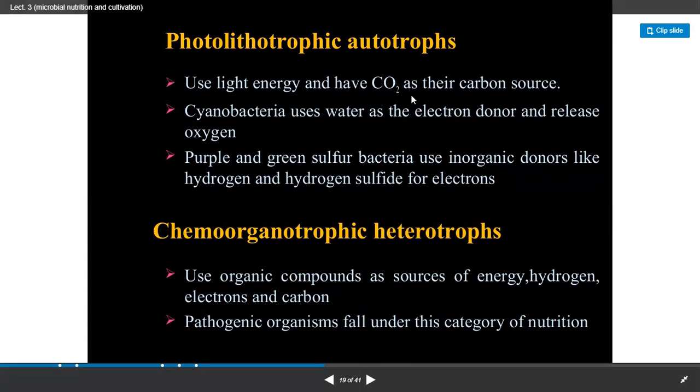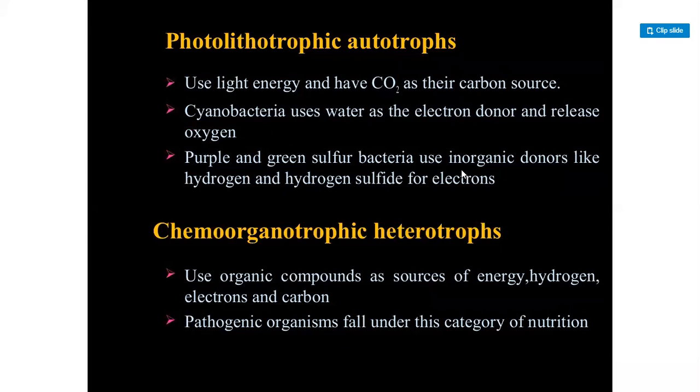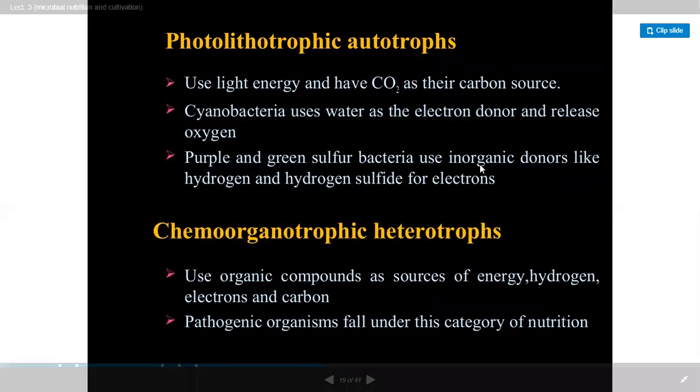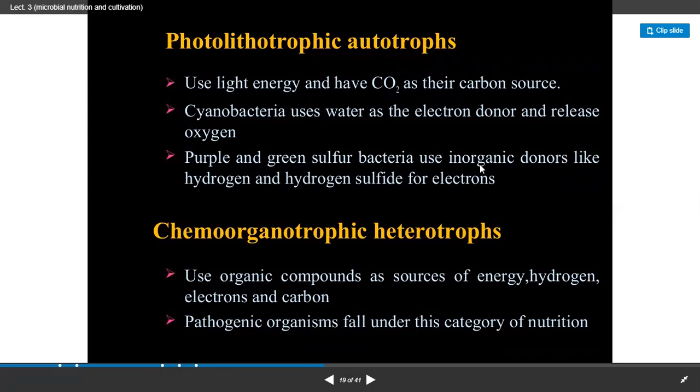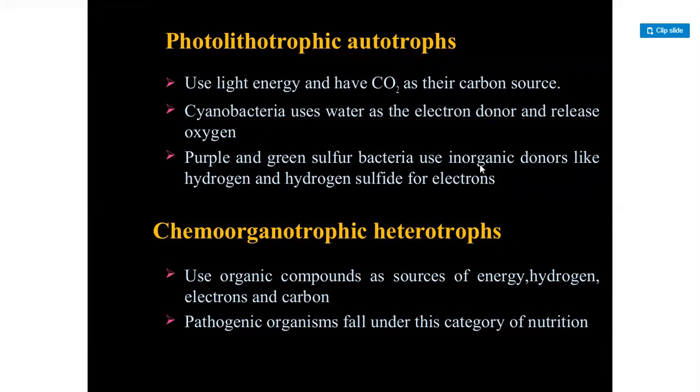For example, cyanobacteria use water as the electron donor. Purple and green sulfur bacteria use inorganic donors like hydrogen and hydrogen sulfide for their growth. So they also need some inorganic carbon.